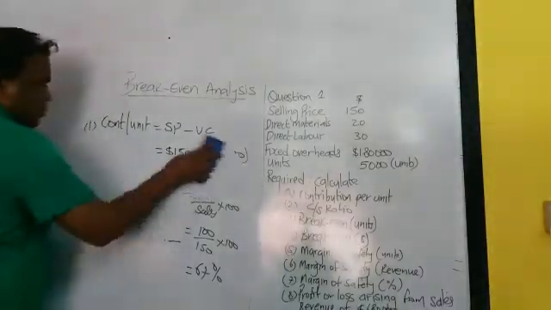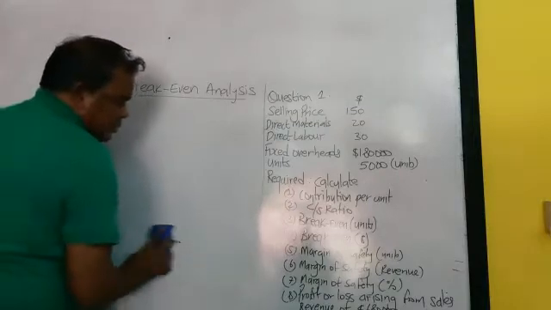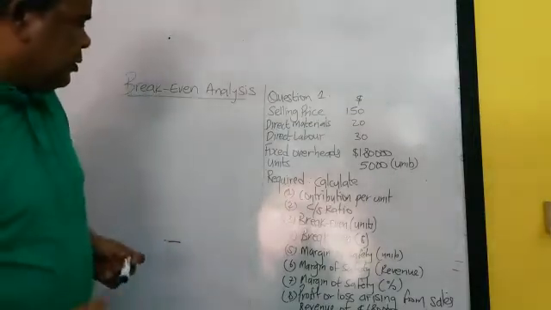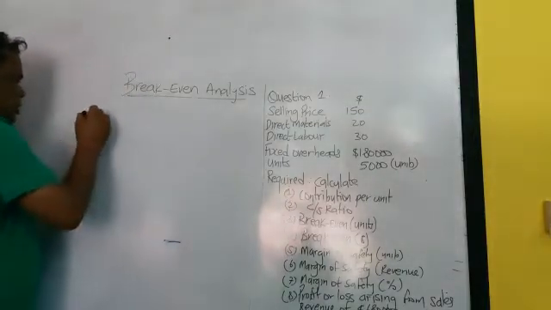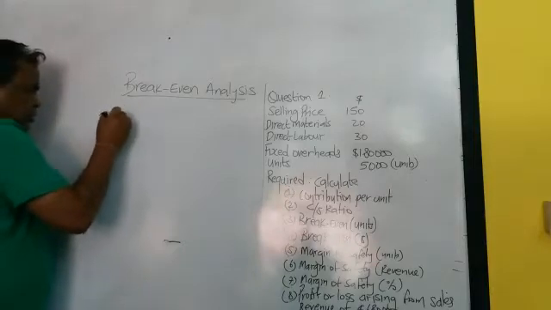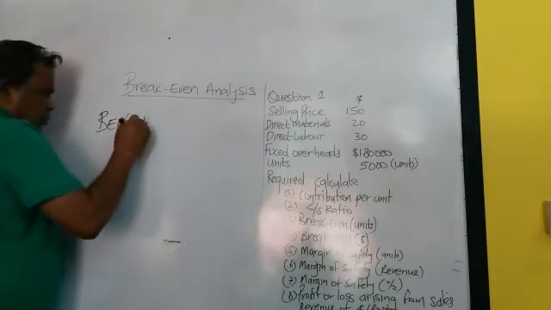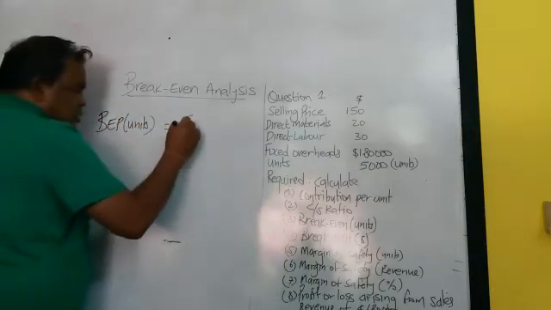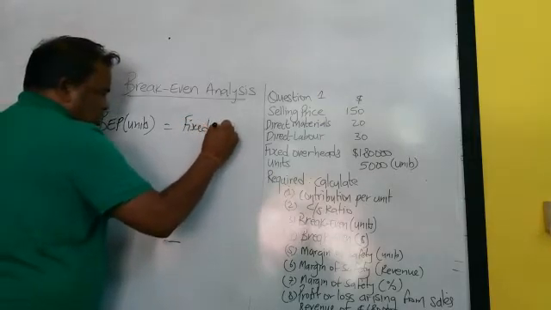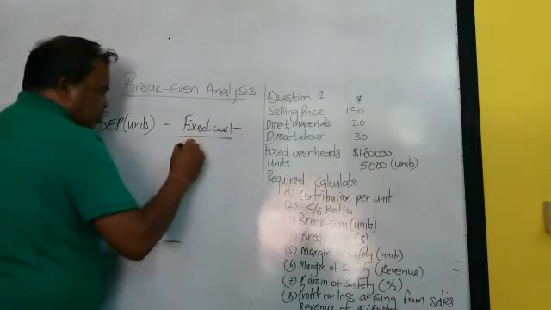And then we have to calculate in this question break-even units. What is the formula for break-even units? Fixed cost over contribution per unit.